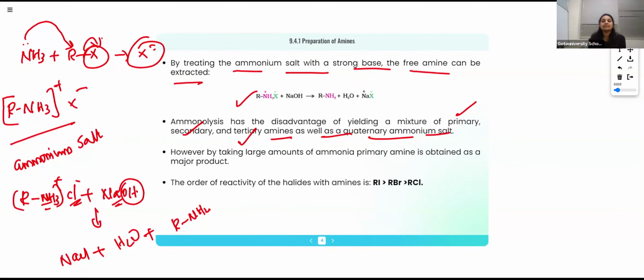The drawback is, in case of this ammonolysis, sometimes, not all the time, we will get three different products: primary, secondary, tertiary. Then one more product is possible. Sometimes the product will be this one, and it won't undergo the reaction again. This one will be the final product.